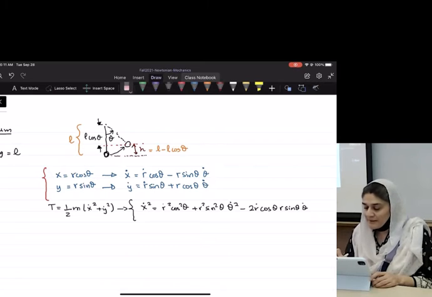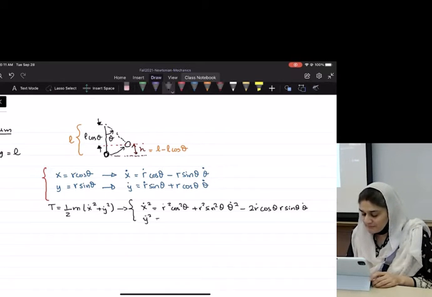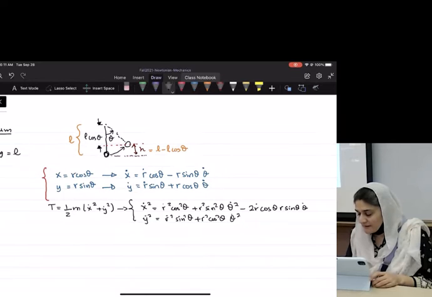And then what will y dot squared be? r dot squared sine squared theta plus r squared cosine squared theta theta dot squared plus 2 r dot sine theta r cosine theta theta dot.